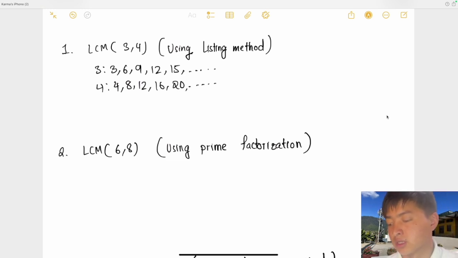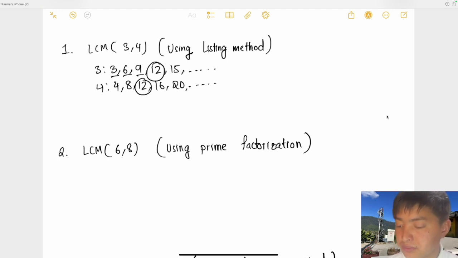So now that we have listed the first 5 multiples of both numbers, let's see if there is any common multiple among them. And you'll see 3 is not common in 4, 6 is also not common in 4, 9 is also not common in 4, but 12 is common in 4.